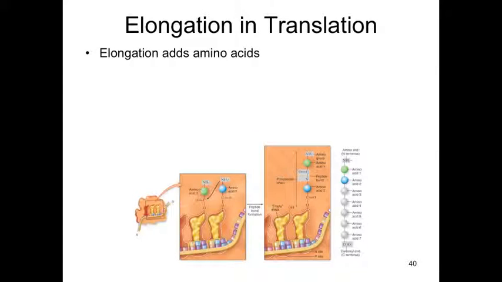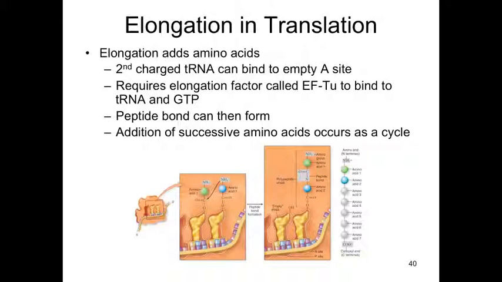Let's look in the elongation phase. Elongation is where we add amino acids. The second tRNA will bind in this empty A site or arrival site. And here, a peptide bond will form between the amino acid of the tRNA in the P site and the amino acid number 2 that's now in the A site.